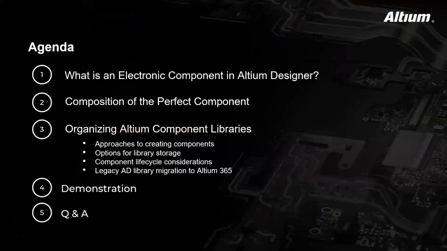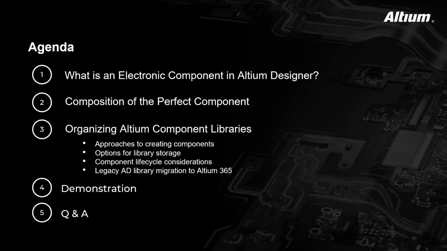Here is the agenda. In the first two sections, I'm going to review the electronic components in Altium Designer and the aspects that constitute the most optimal component. I'll follow this with a discussion on approaches to creating and storing components, and we'll touch upon component lifecycle considerations.